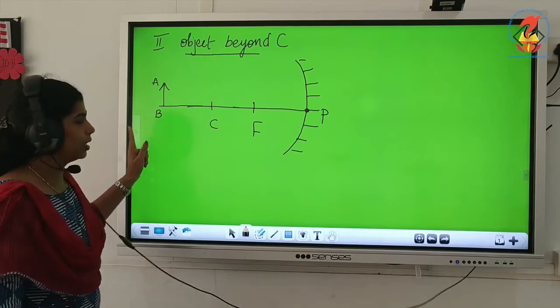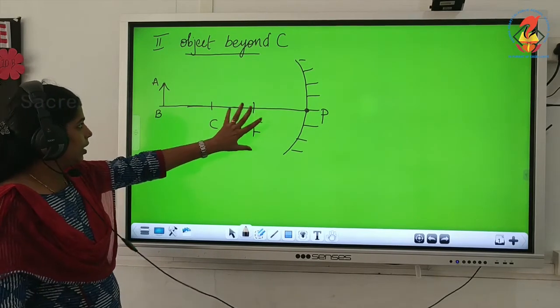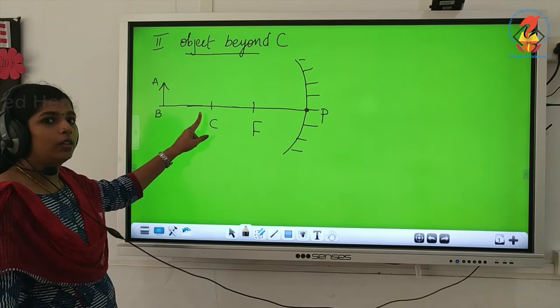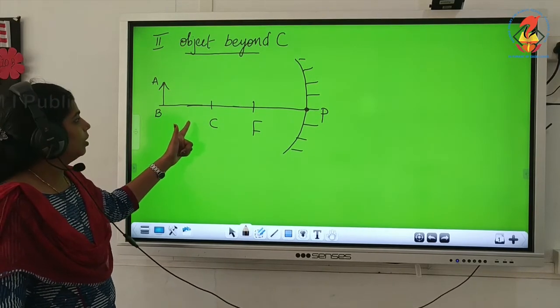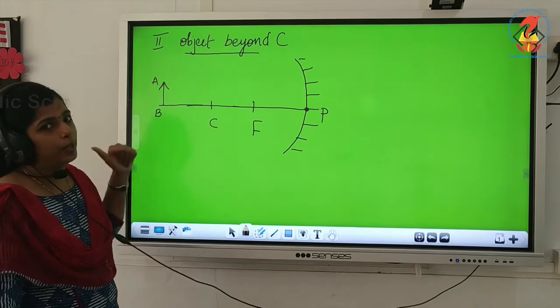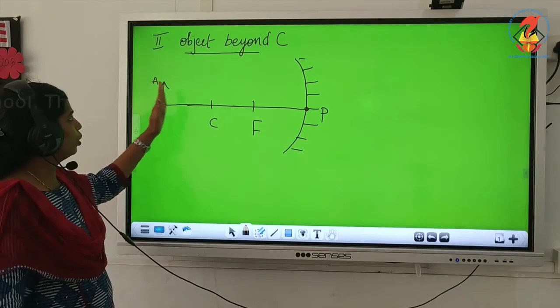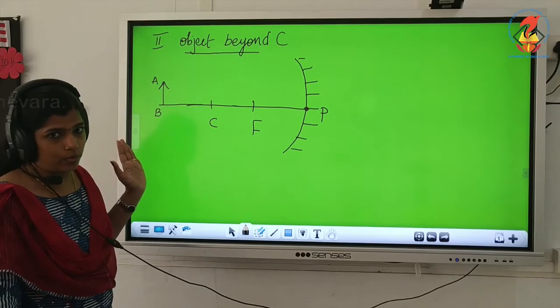Principal axis means the straight line connecting the pole and the center of curvature. Then F, principal focus. Now, I draw the object beyond the center of curvature.